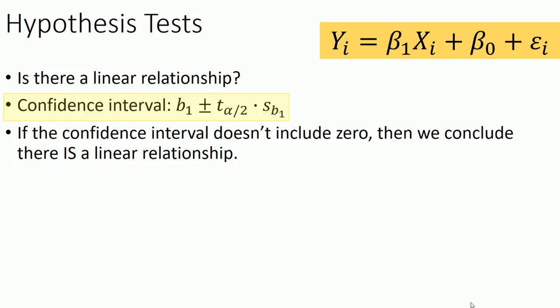So this is a confidence interval just like other confidence intervals that we've gotten. You get a lower bound and an upper bound. And just like before, if the confidence interval doesn't include the value 0, then we conclude with whatever amount of confidence, say 95% confidence, that the value of this coefficient is not 0.